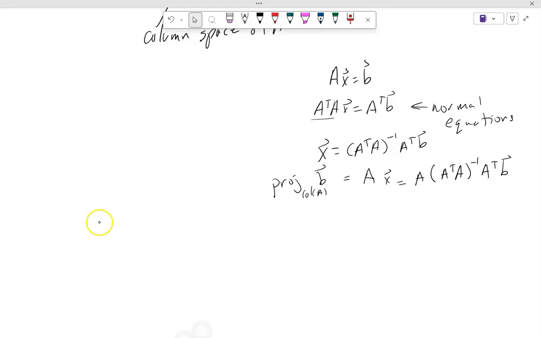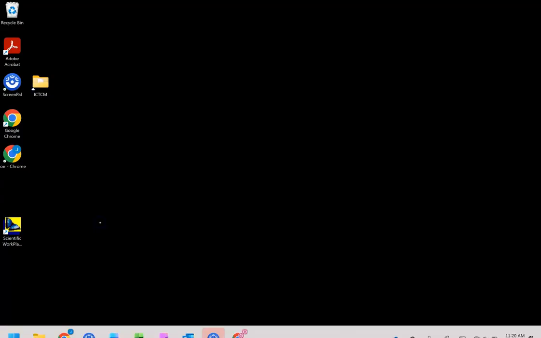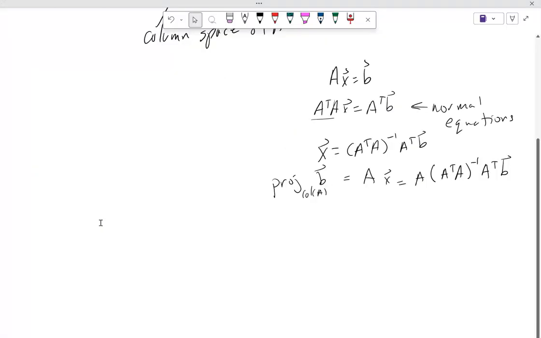Going back to our original set of equations here, remember that we were trying to solve this AX equals B equation, right? Now, again, we probably don't get this solved exactly because it's overdetermined, right? That was the whole point.